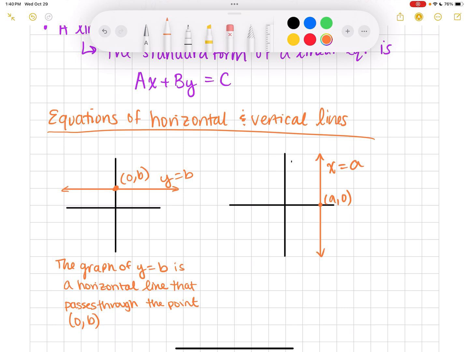This other one, the graph of x is equal to a, is a vertical line that passes through the point (a, 0).